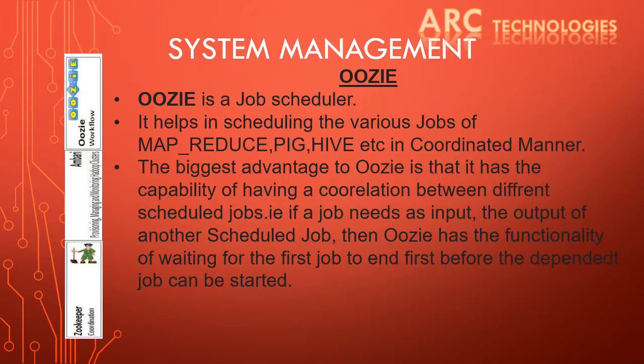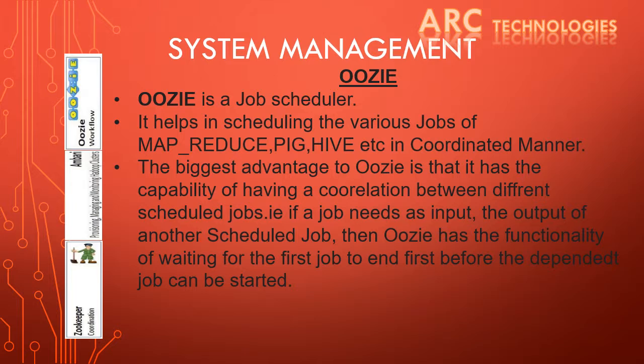Now, the biggest advantage of Oozie is this: let's say jobs A and B have to run in the environment, and the output of job A is to be treated as the input of job B. Oozie has a mechanism that does not let job B start until job A's output has completely arrived.